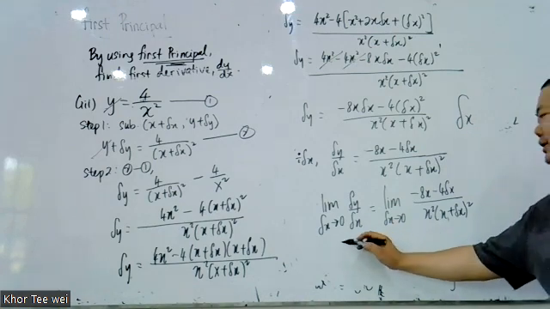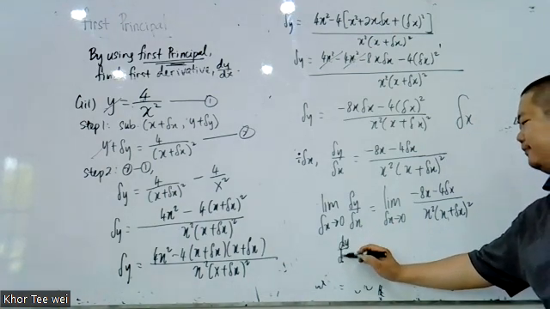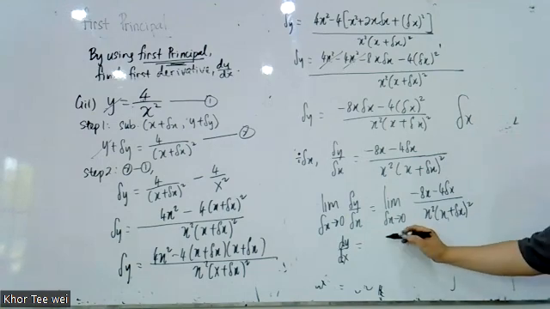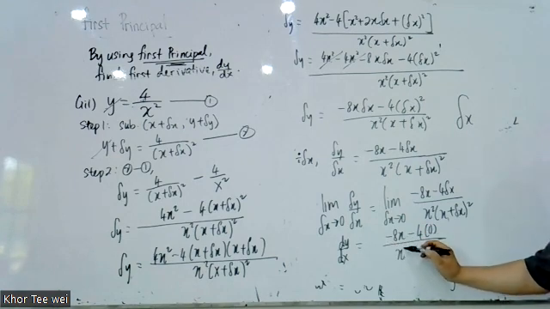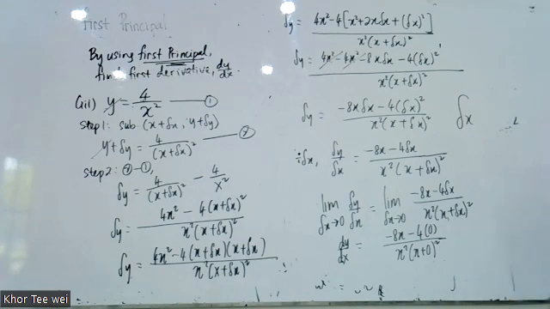So this one you become dy/dx. So negative 8x minus 4 delta x, this one becomes 0. The x squared times (x plus delta x) squared, the delta x becomes 0.